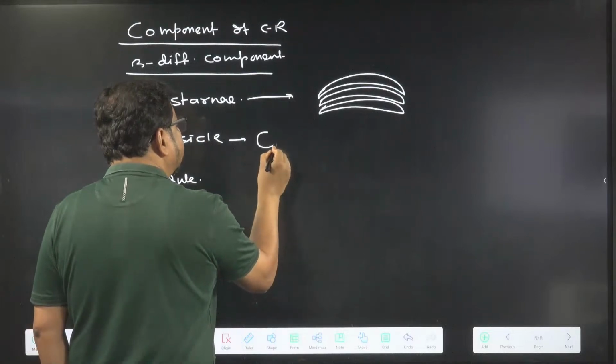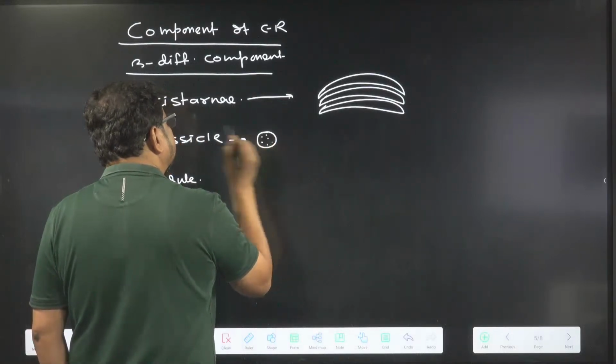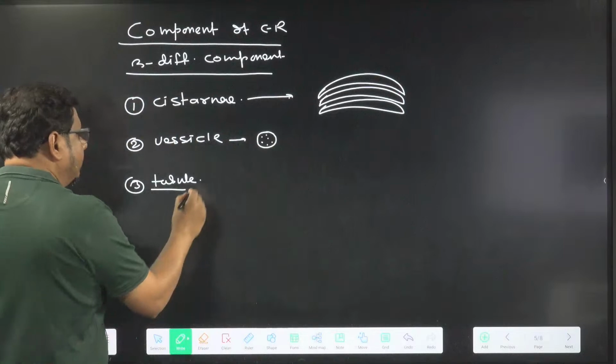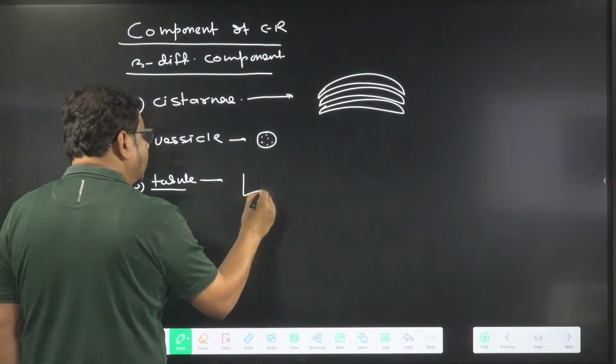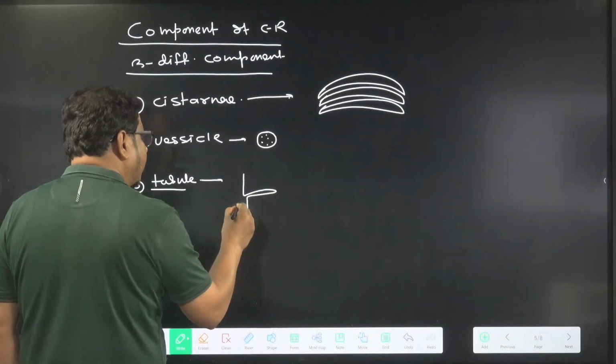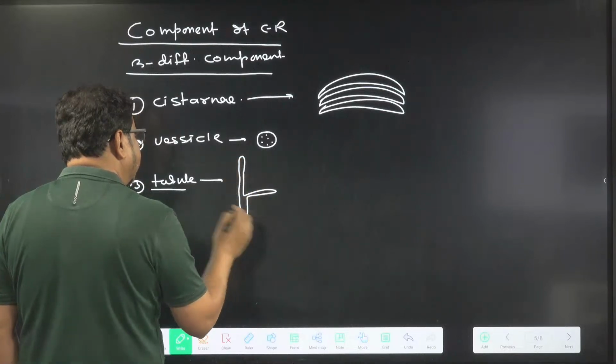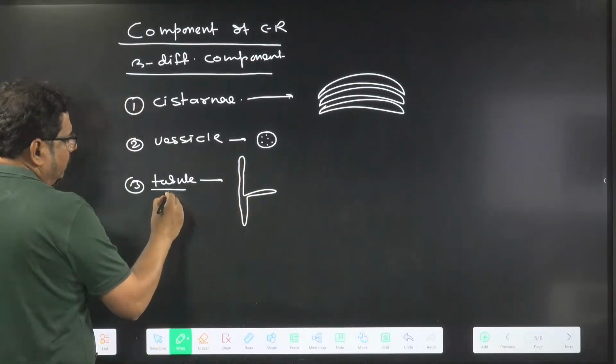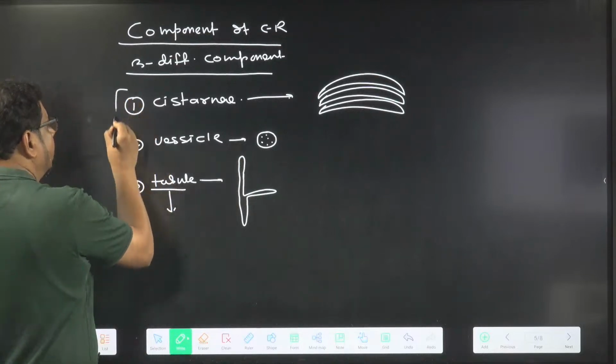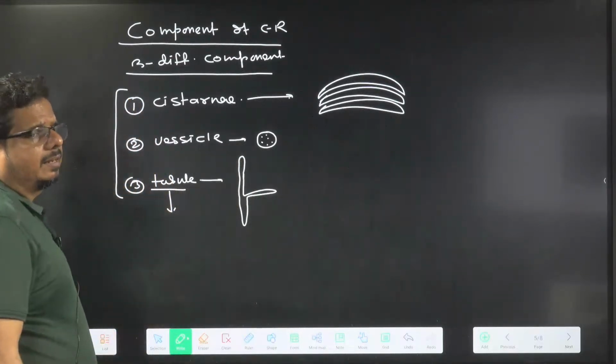Vesicles are round vesicular structures. And tubules are branched, tubular and irregular structures. So these are the three components of which one? Endoplasmic reticulum.